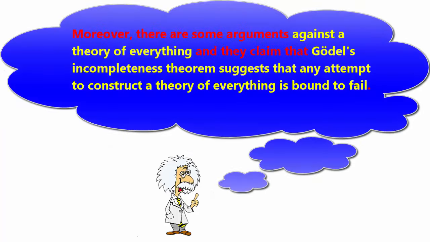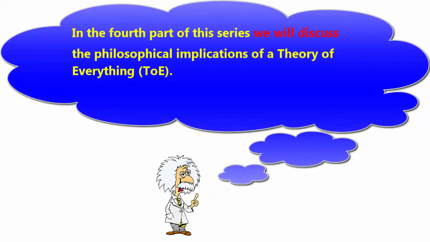Moreover, there are some arguments against a theory of everything, and they claim that Gödel's incompleteness theorem suggests that any attempt to construct a theory of everything is bound to fail. In the fourth part of this series, we will discuss the philosophical implications of a theory of everything.